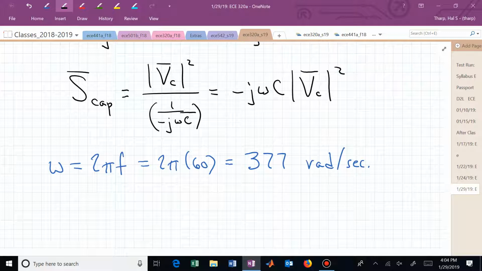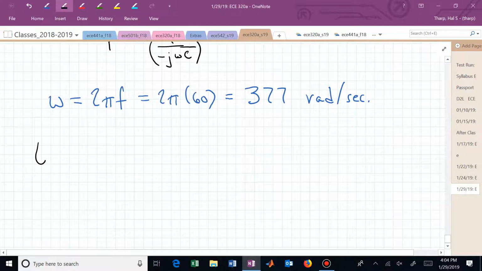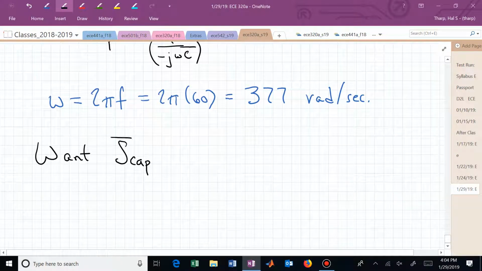What's j? Square root of negative 1. That's just a direction, isn't it? So we're okay with that. V sub c, we know from our given information. What do we want the complex power of our capacitor to equal?